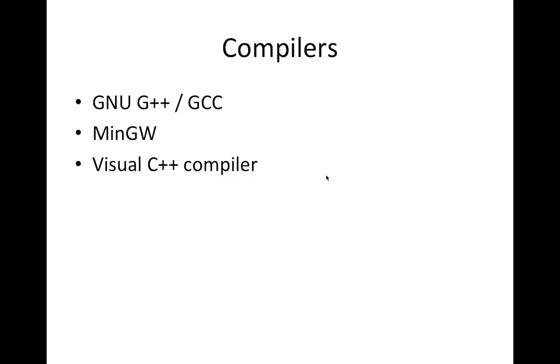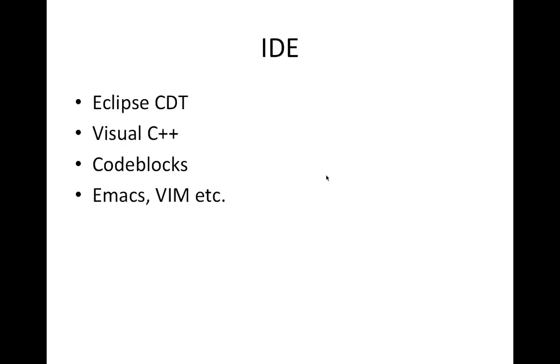So that's the compiler. That's the software that turns your source code, the stuff you type, into a program. But you're also going to need an IDE, which stands for Integrated Development Environment, and that's kind of the equivalent of Microsoft Word, if you like, for computer programming.